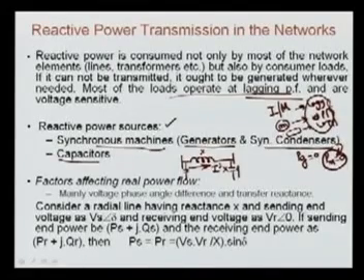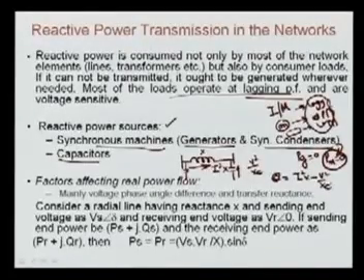These are injecting reactive power, which is V square upon Xc. So the total reactive power supplied by this line, whether it is supplying or absorbing, depends on I square X minus V square upon Xc. If this value is positive, this line is absorbing reactive power. If this value is negative, it is generating.